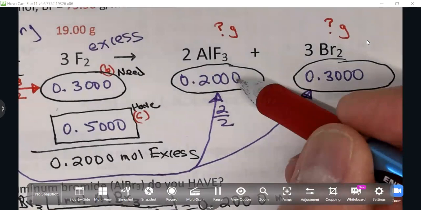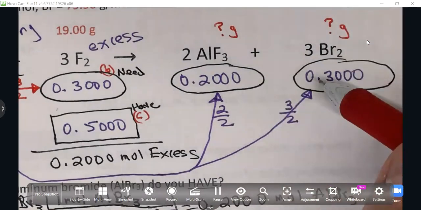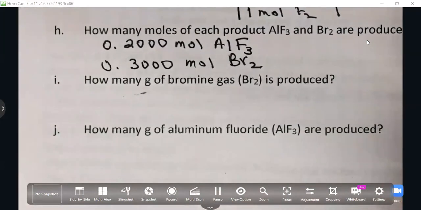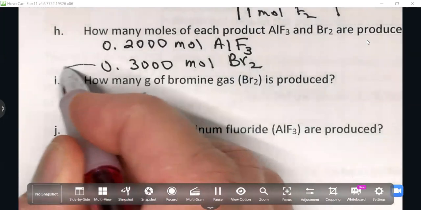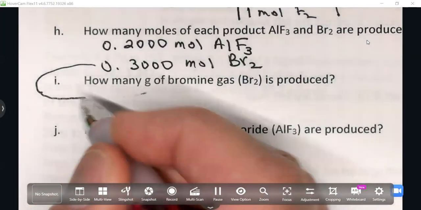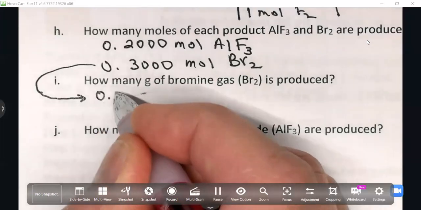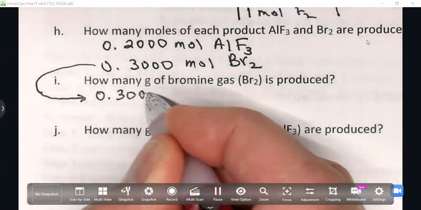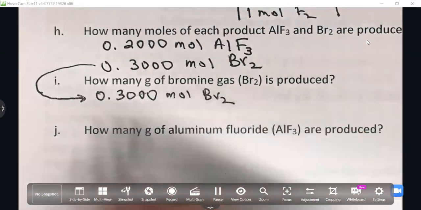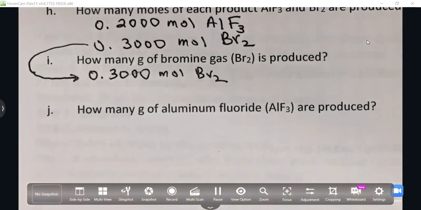All we got to do is convert these moles to grams, right? So down here, let's do that. Only 0.3 moles of bromine.